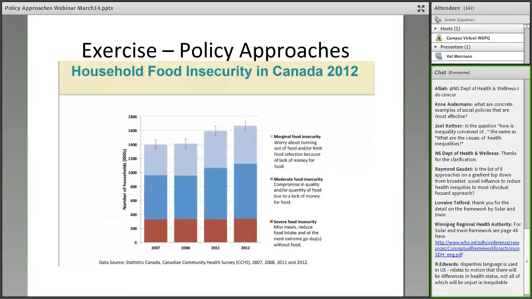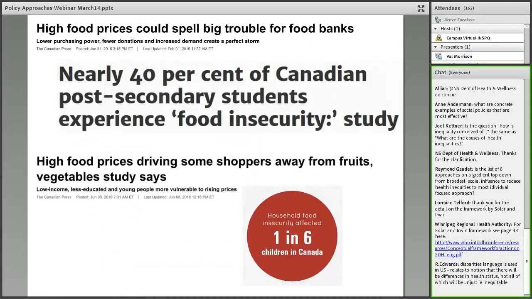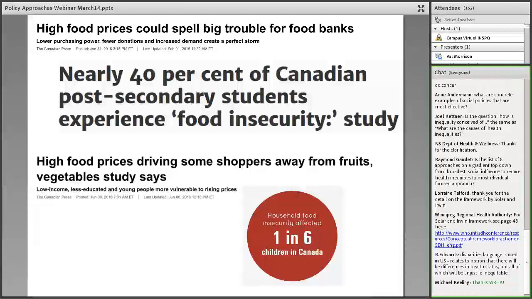So we see food insecurity, this is already about 5 years old, but we see a growth in food insecurity in Canada over the previous 5-year period. Or we can also look at some headlines from popular press or research reports talking about food insecurity, different groups that are food insecure, and how high fresh produce prices especially are affecting food insecurity.